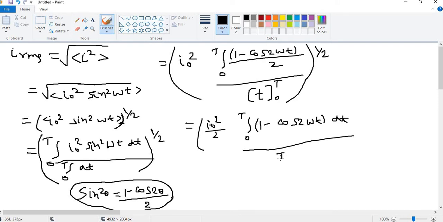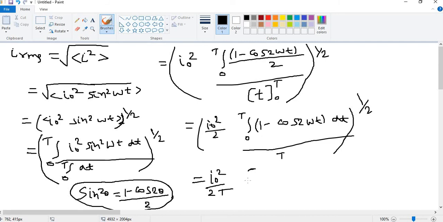It is T minus 0, which is nothing but T, and we are left with the whole to the power of 1 by 2. Taking the constant outside, it will be I naught squared by 2T. Now we are left with the integration of 1 minus cos 2 omega t.